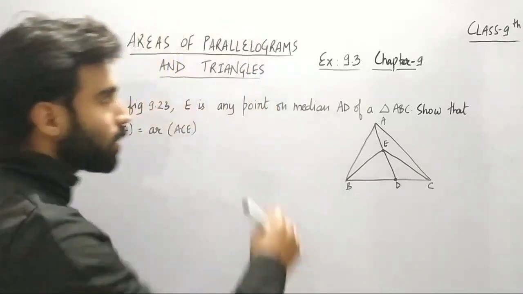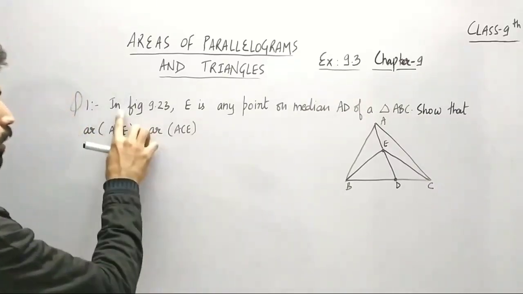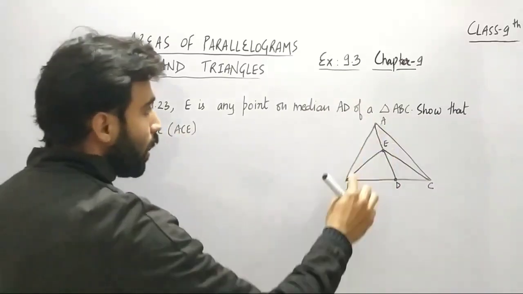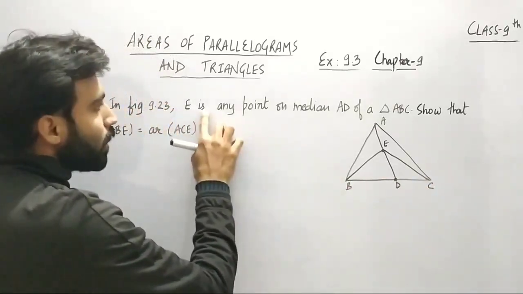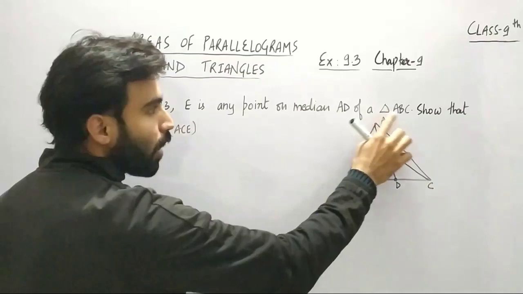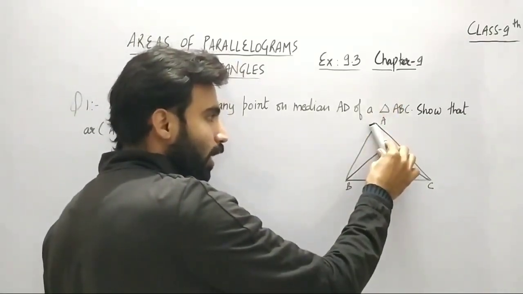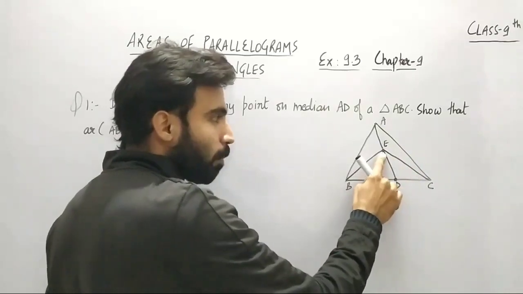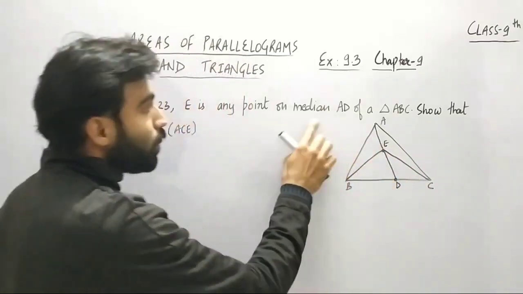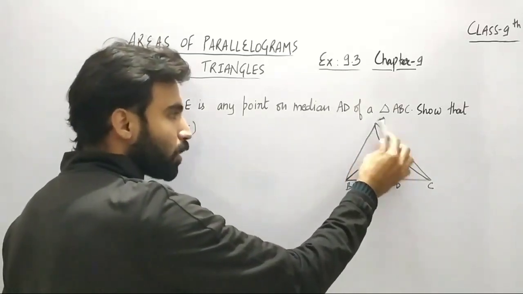So you can see in exercise 9.3, question number one is: in the given figure, you can see triangle ABC. E is any point on median AD of triangle ABC.